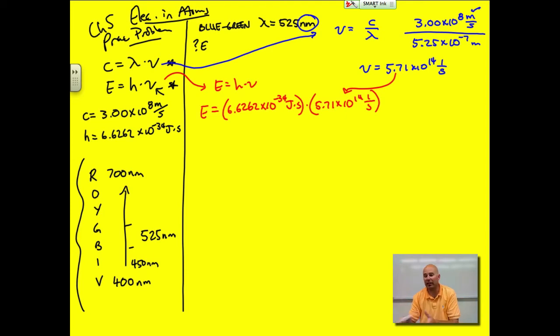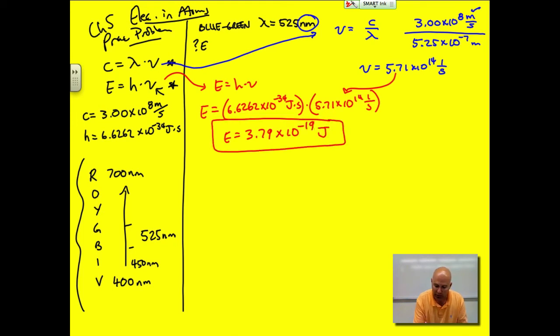Multiply that on my calculator. I've already got the 5.71, so I'm just going to multiply it by 6.6262 EE negative 34. I get an energy associated with this blue-green light of 3.79 times 10 to the negative 19th joules. Nice box around my answer. And that's how you would solve using these two formulas.